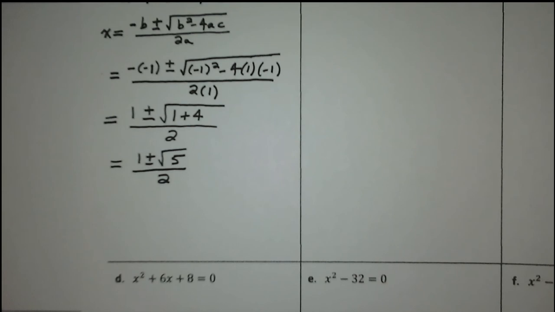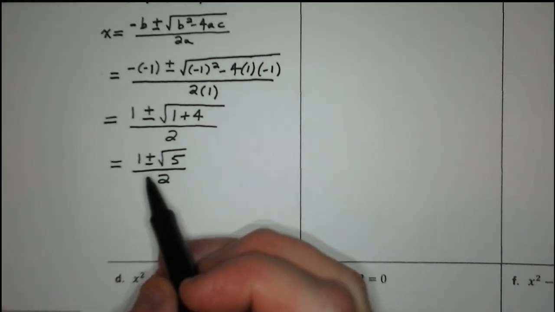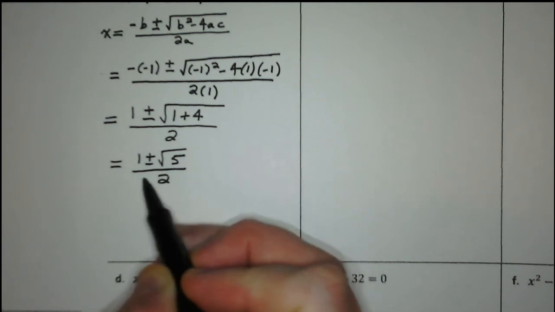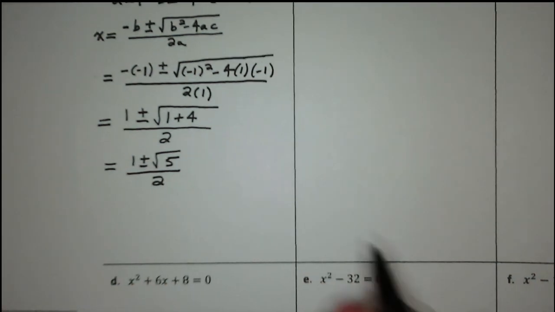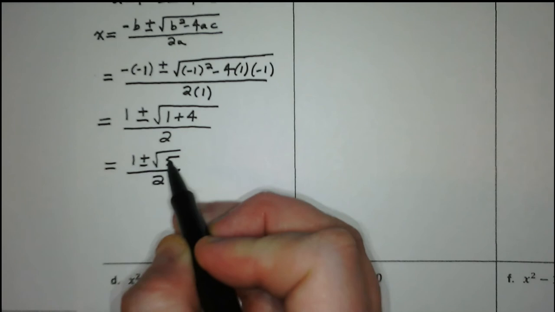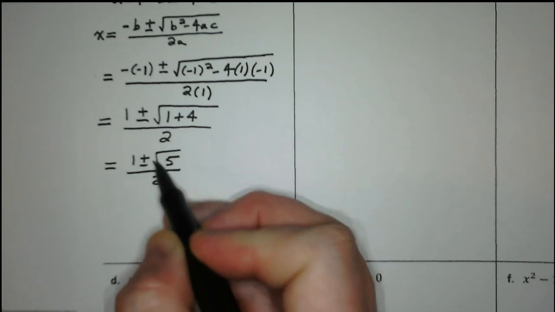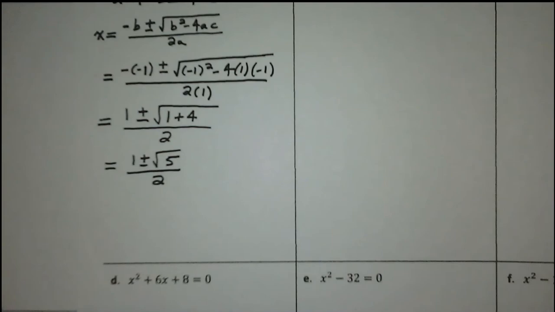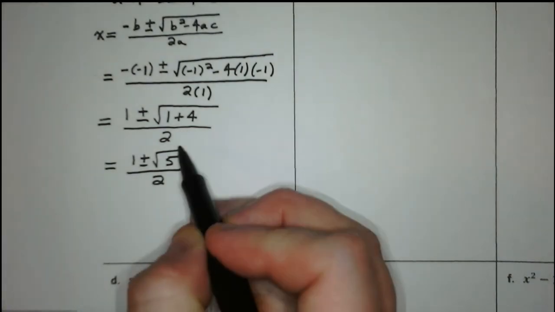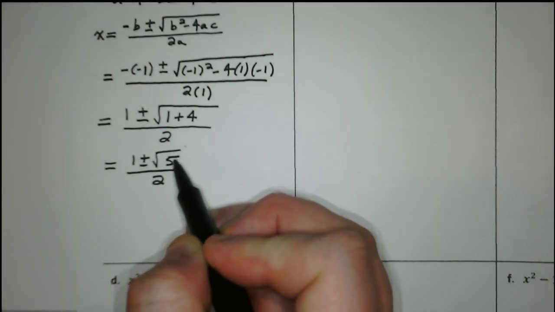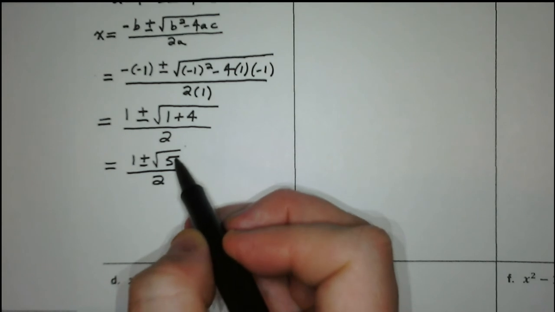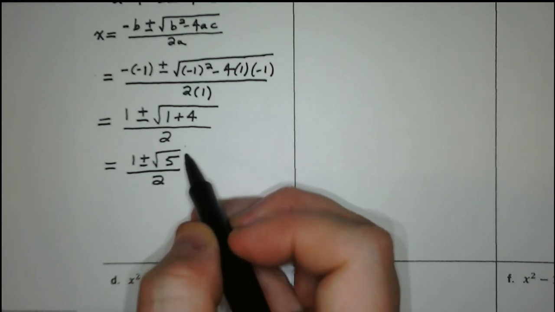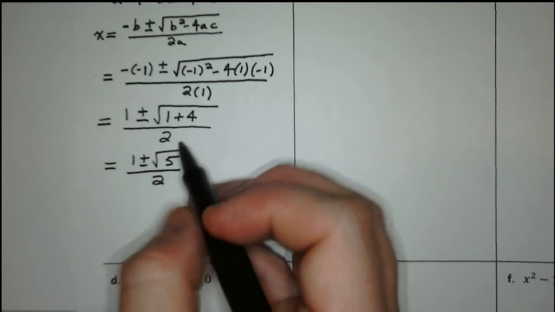Okay, now, like I said a couple minutes ago, this plus or minus is why this ends up being two different answers. One of your answers would be 1 plus the square root of 5 all divided by 2, and the other answer would be 1 minus the square root of 5 all over 2. The plus gives you one answer, the minus gives you another answer. But believe it or not, since we can't do anything with this square root of 5, it is not nice and clean, nor can the square root of 5 be simplified.